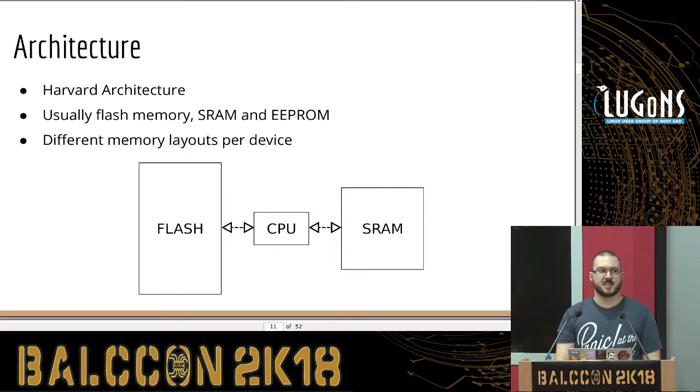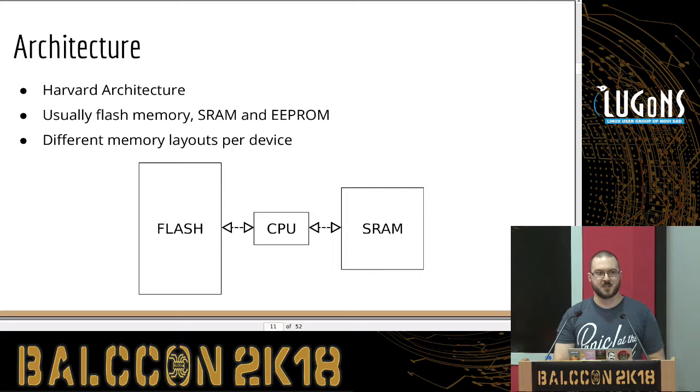But there are things that stay the same across the architecture, which is that we have a Harvard architecture. So the program memory and the actual RAM or working memory is completely separate. This means you can't just write code into the RAM and execute it from there. You'll have to flash your code into the flash memory, and it will be executed from there.